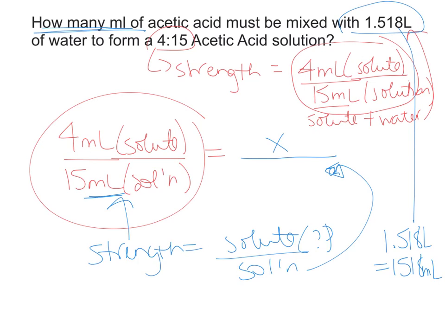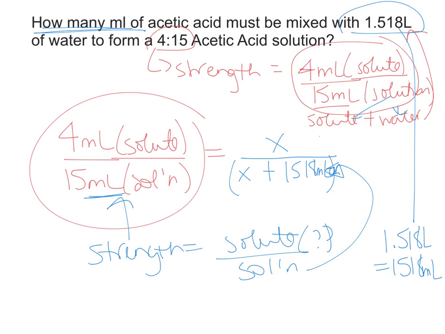So that is going to go in the denominator as part of the solution, but it is not the only thing that needs to be there, because remember that your solution is both your solute and your water, and that 1,518 mils is only the water. So X, that we're still solving for, will be in that denominator as well. And I know we've done these problems in the first math semester that we had. Keep in mind that this would be in brackets, okay? So we can actually cross multiply in order to isolate X all by itself.